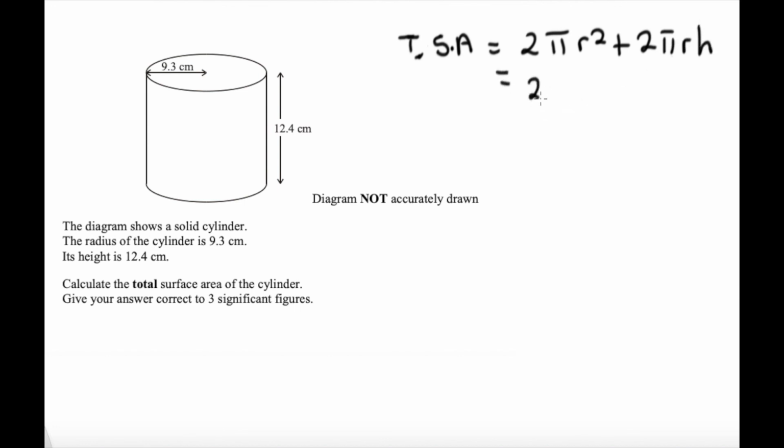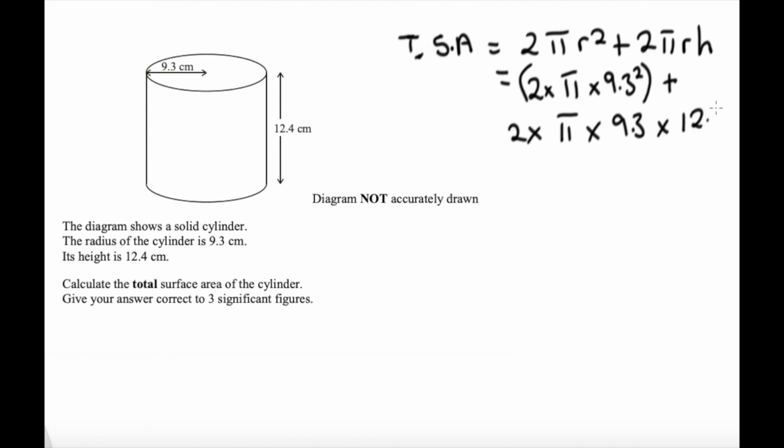So that would be 2 times pi times our radius, which is 9.3 centimeters, squared in brackets, plus 2 times pi times 9.3, which is our radius, times our height, which is 12.4 centimeters.